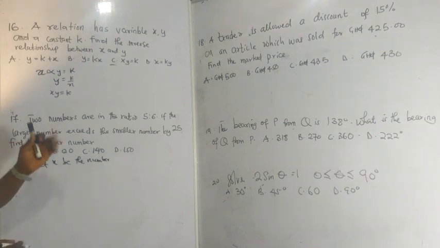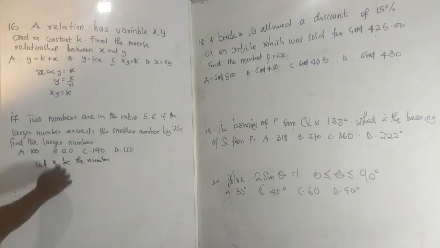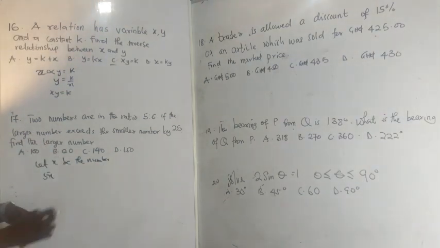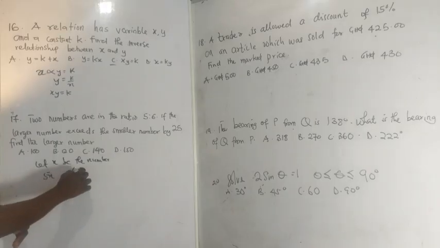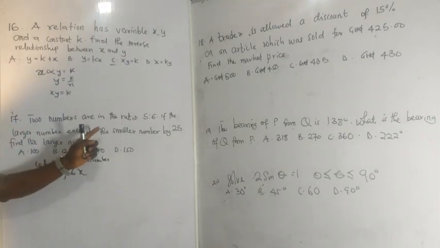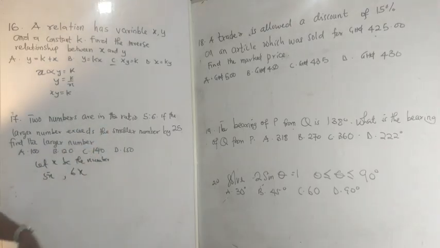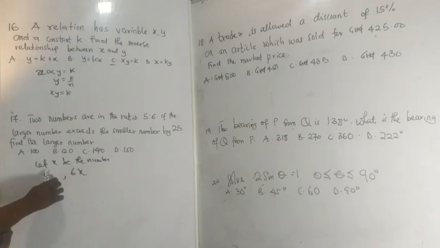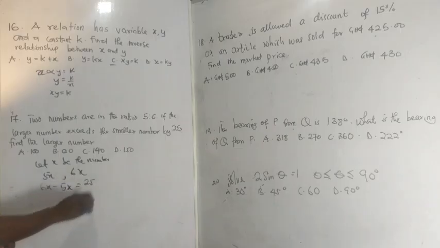It means the first ratio is 5 of the x, and the second ratio is 6 of the x. And they are saying that the larger number exceeds the smaller number by 25. So we need to find the difference. So we just find the difference: 6x minus 5x is equal to 25.